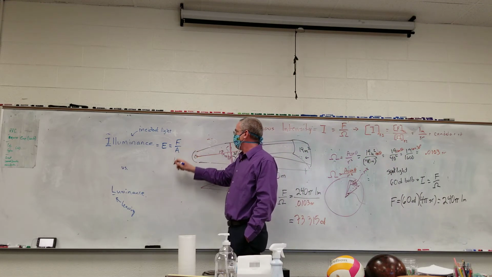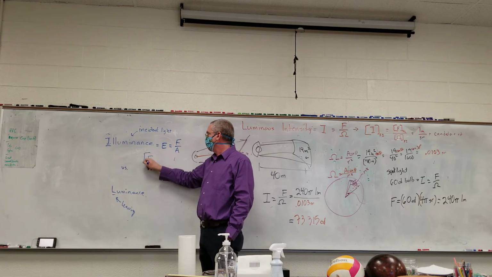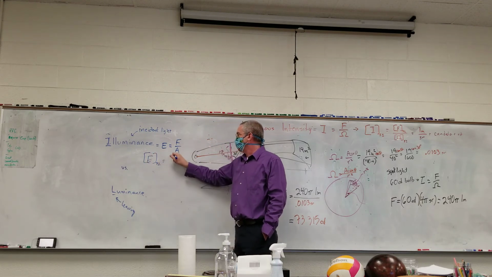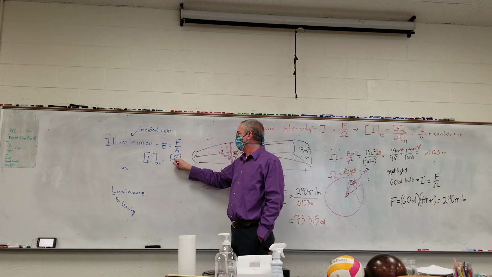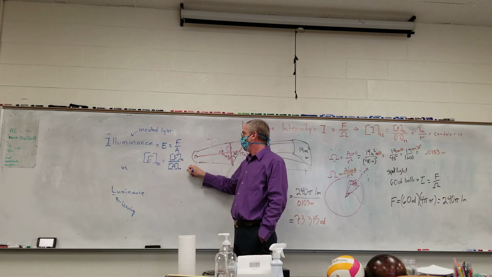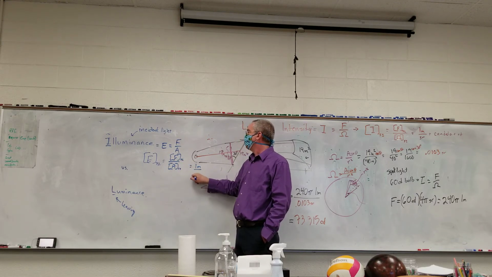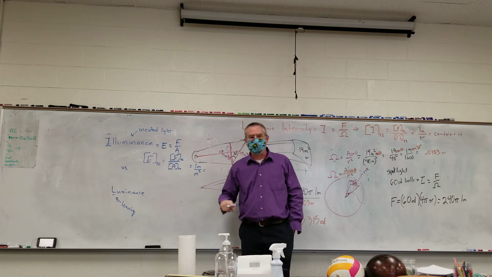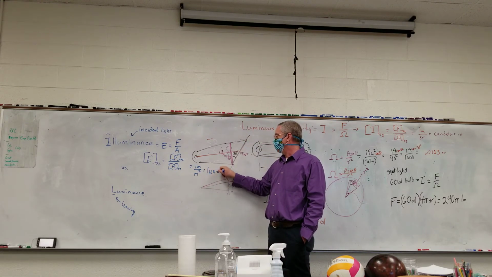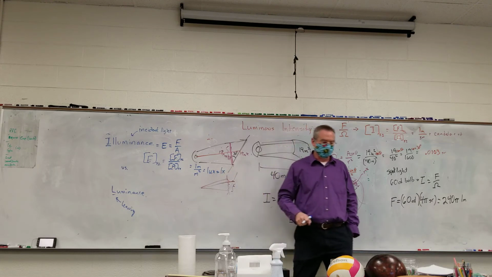And so the SI unit of illuminance would be the SI unit of luminous flux divided by the SI unit of area: lumens per square meter, which was too much for them to write. This is the lux, abbreviated lx.